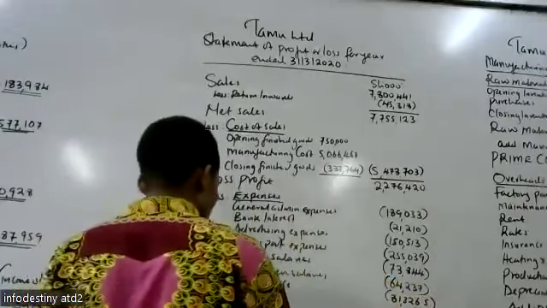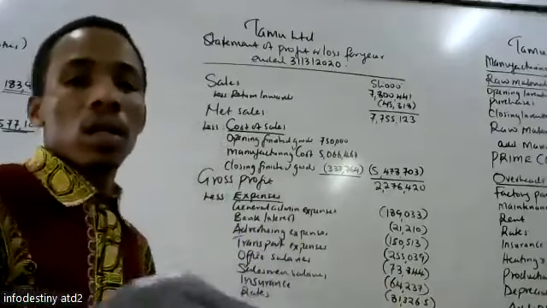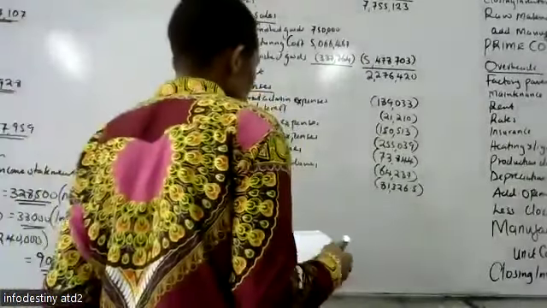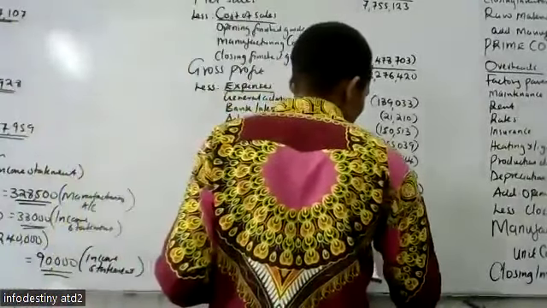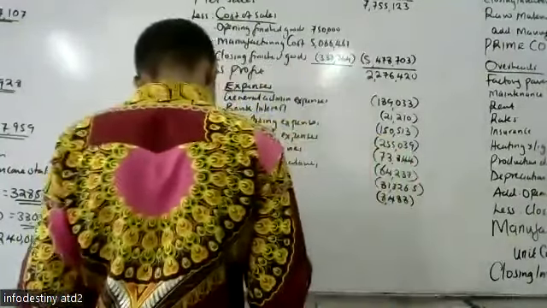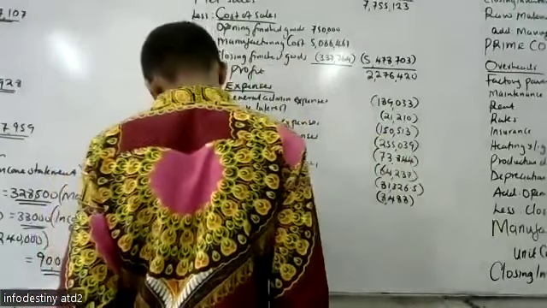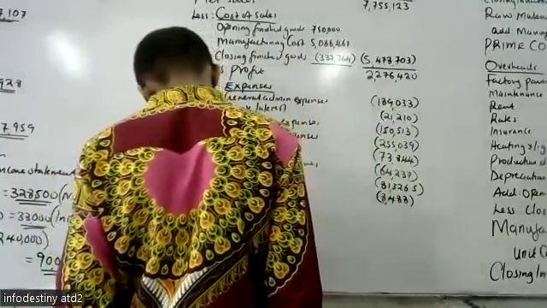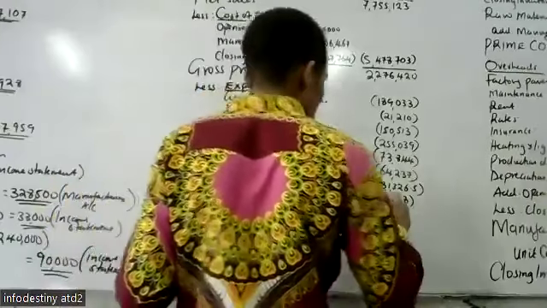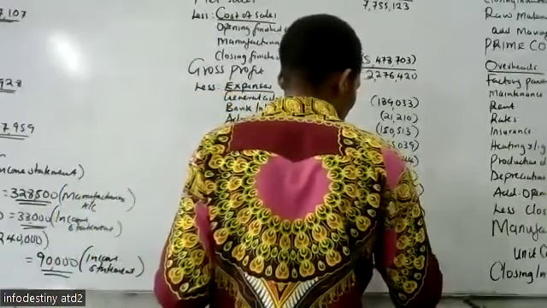The next one is rates, the 1/6, 84.88. The next one is rent, the 1/6 of rent, 6,184.5.